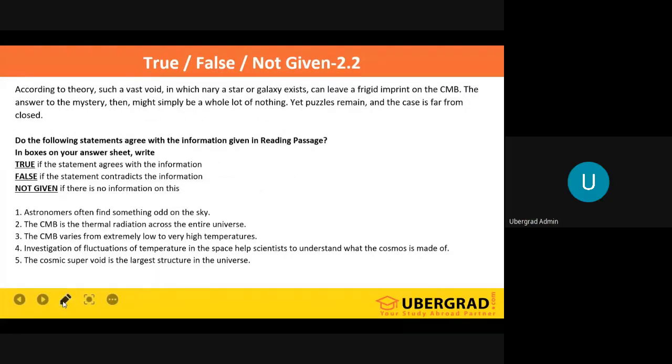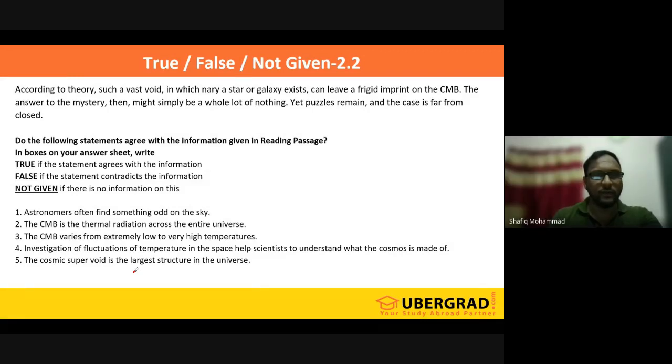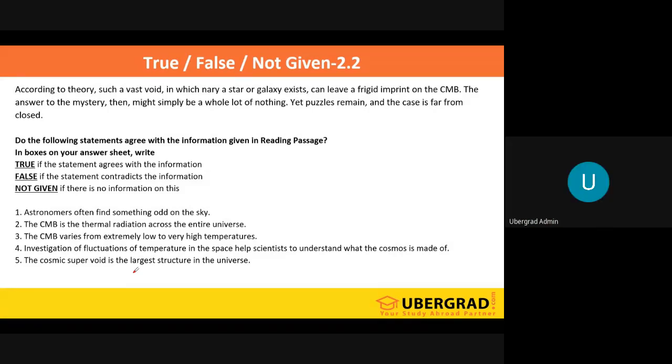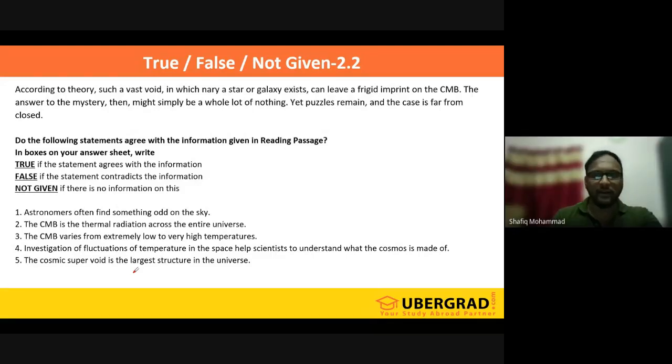Actually, I have made a poll for 2.2. So if I release the poll, will that be fine for everybody? Then you can see the questions side by side while sir keeps the passage open. That also will do. Then I'll just launch the poll. Only the last para would be visible a bit. If you want, you can take a pic of this too.